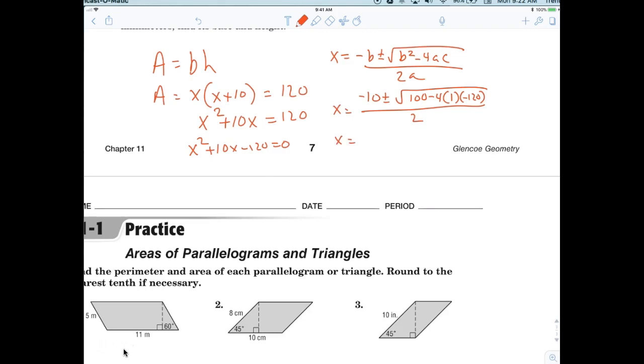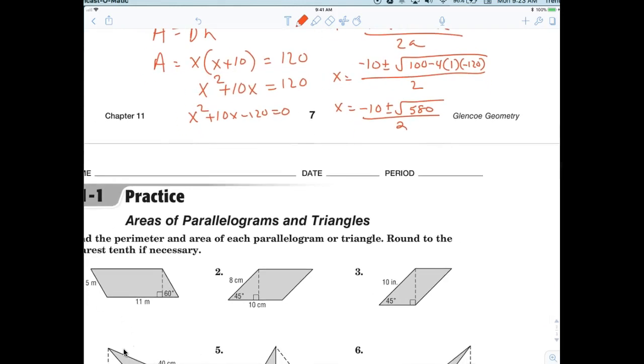So x equals negative 10 plus or minus the square root of, I believe that would be 580, all over 2. Is it always going to be a positive for this? So we know the square root of 580, we're going to leave out the negative, all right?